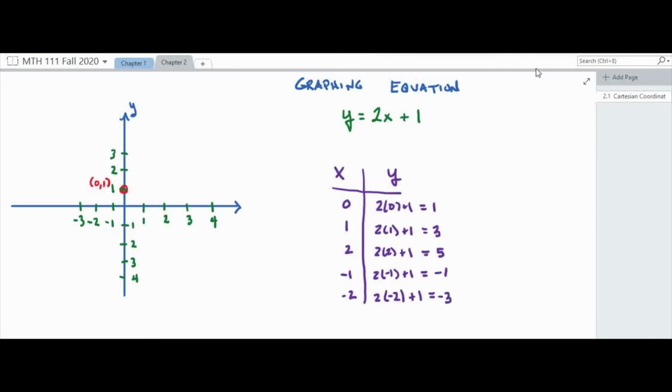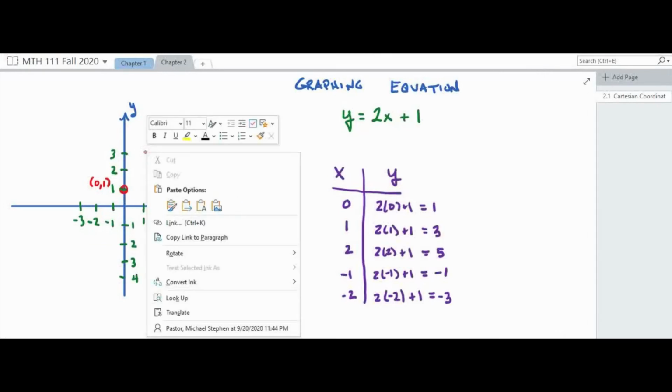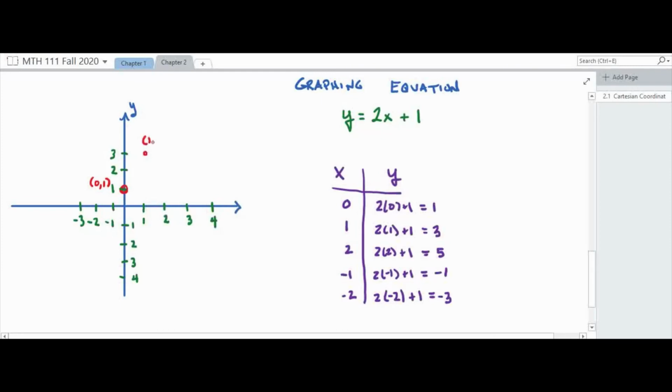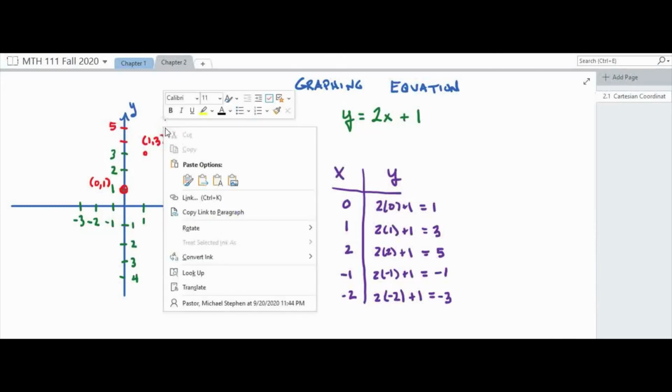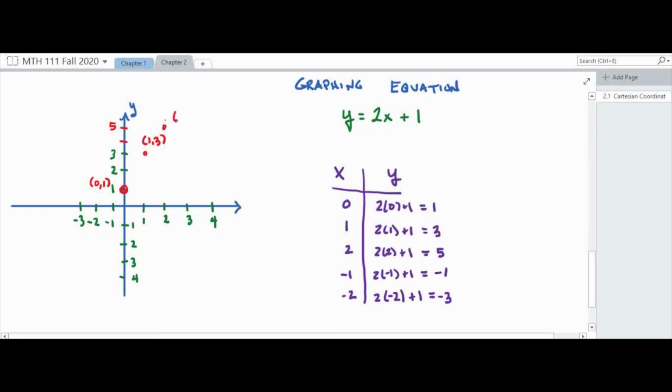So if I plot these points, x is 0, y is 1, x is 1, y is 3, x is 2, y is 5. Guess we need a couple more tick points up here. And then let's go, x is -1.